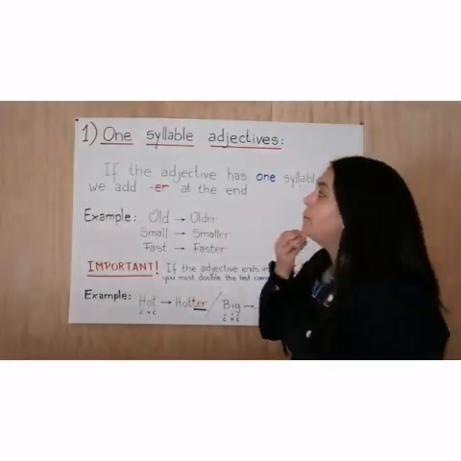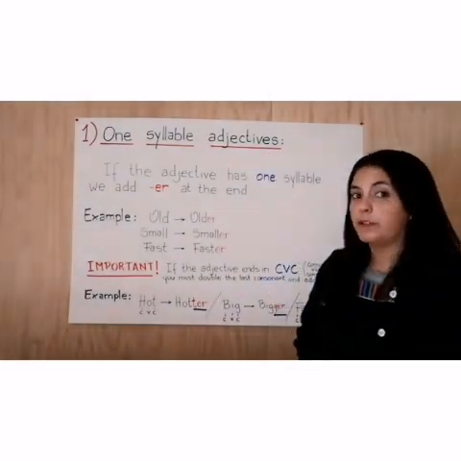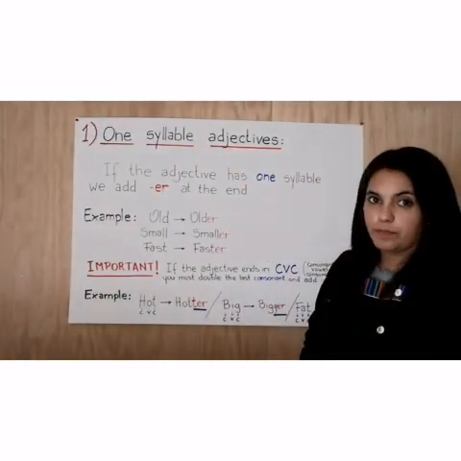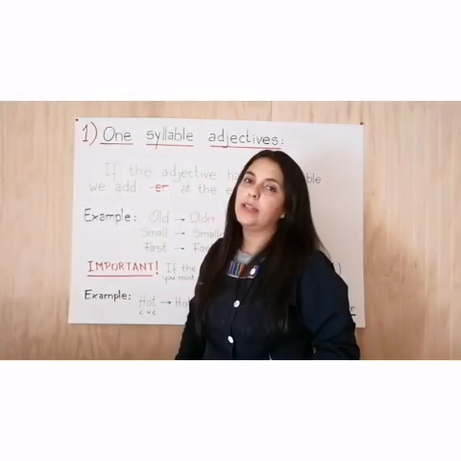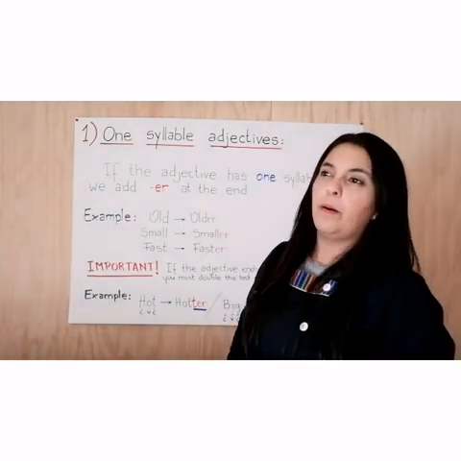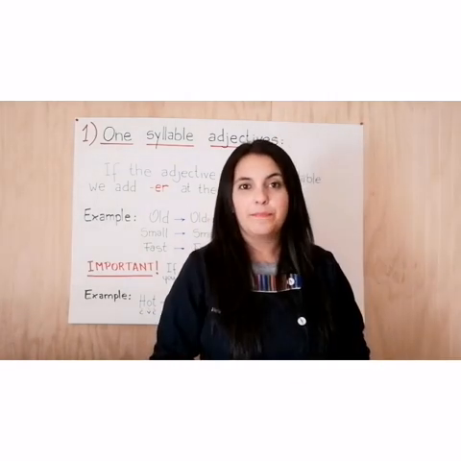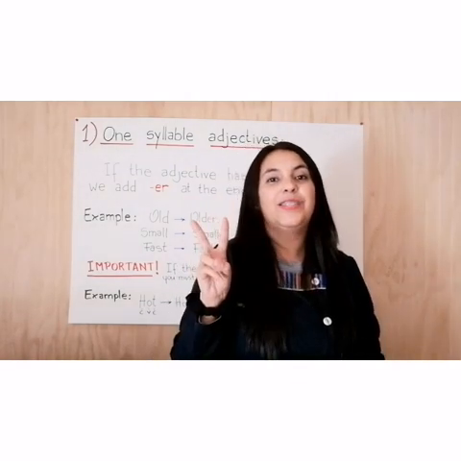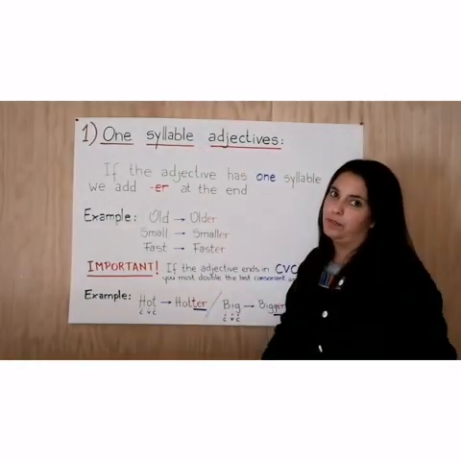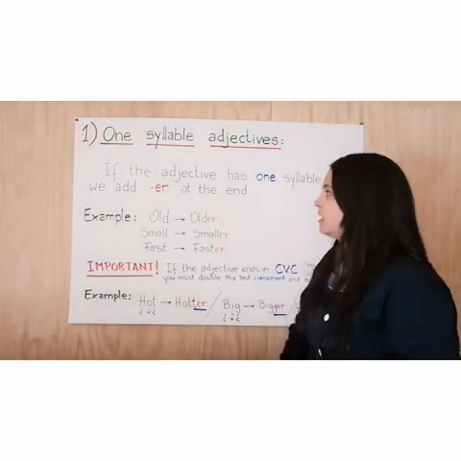Number one, the first one is one syllable adjectives. Do you know what a syllable is? It's the same in Spanish. For example, mesa, two syllables. Remember? That is a syllable.